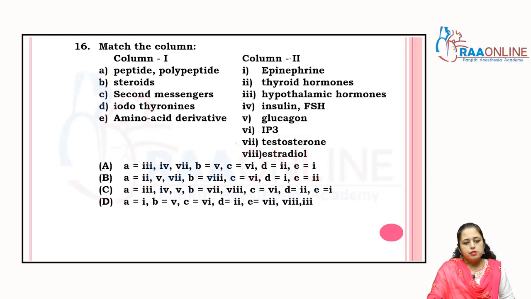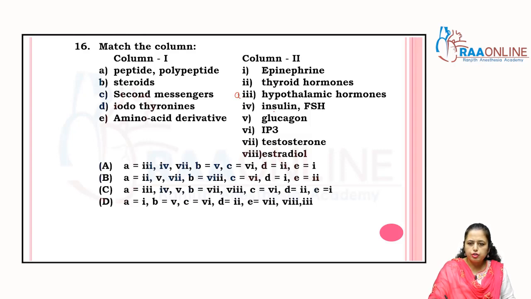Come to question 16, that is match the column. These are the categories of the hormones, and these are the names of the hormones which belong to that category. When we come to the first, peptide and polypeptide, which hormones are peptide and polypeptide? Epinephrine, no. Thyroid, no. Hypothalamic hormone belongs to that category.